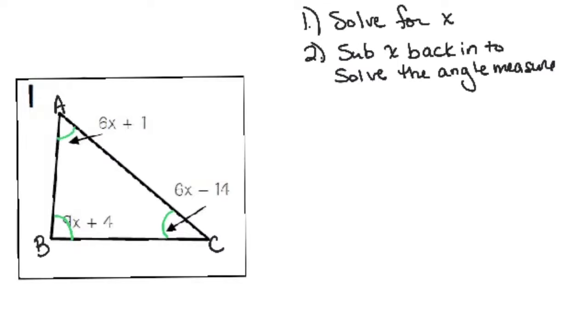Therefore, I can take 6x plus 1, add 6x minus 14, add 9x plus 4, and all of that must equal 180 degrees.